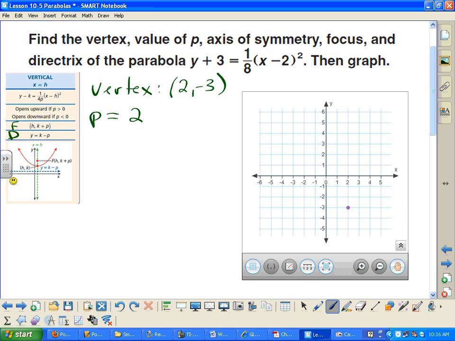So to get the focus, we're going to do h, which is 2, and then take -3 and add p to it. So what do I get when I do -3 plus 2? Okay, -1. So we're going from -3, we're going to go up 2, and there's the focus right there.